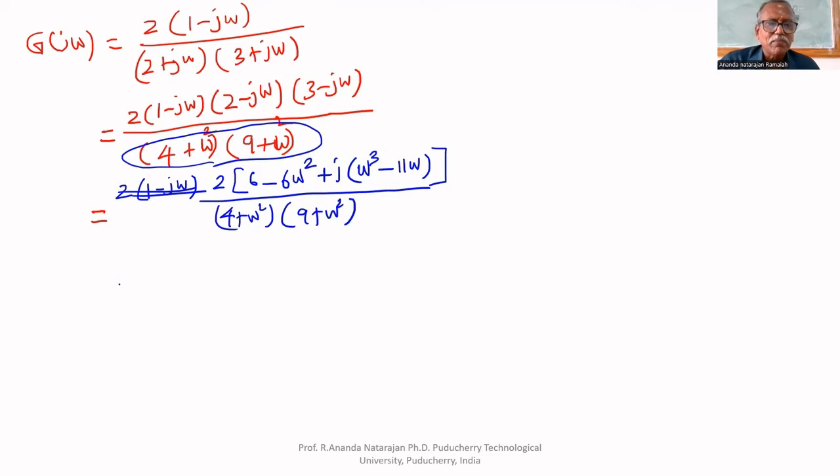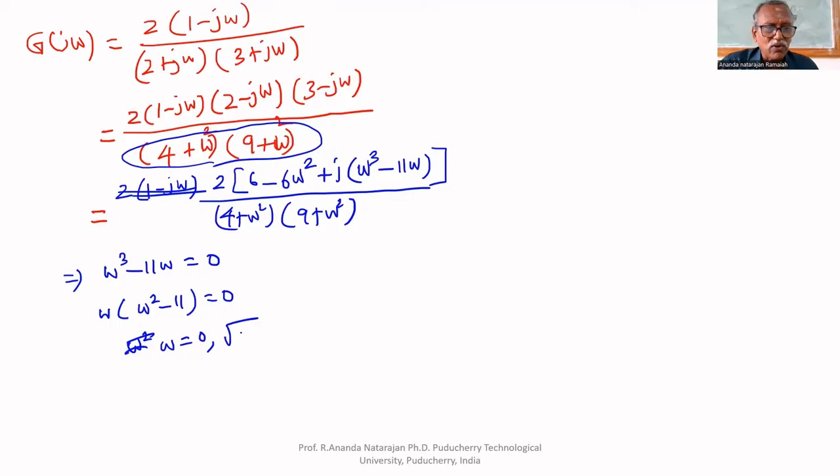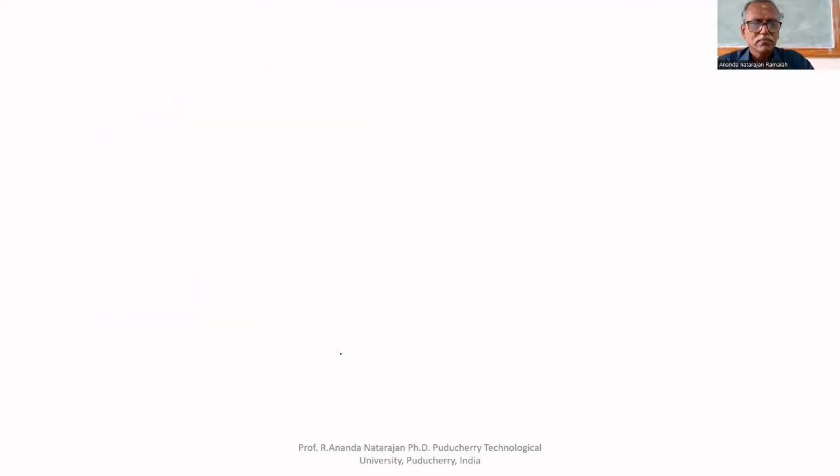Here the imaginary part equals 0, that is omega cube minus 11 omega equal to 0. To find the intersection with the real axis, omega multiplied by omega square minus 11 equal to 0. Therefore omega equals 0, plus or minus square root of 11.